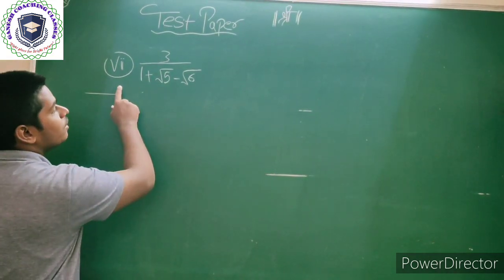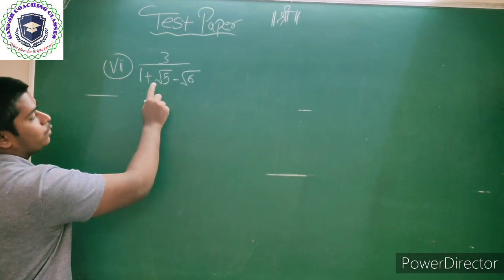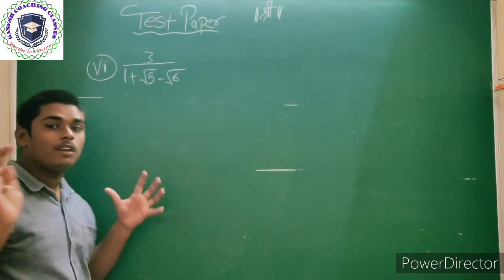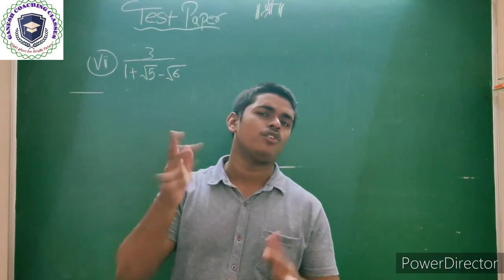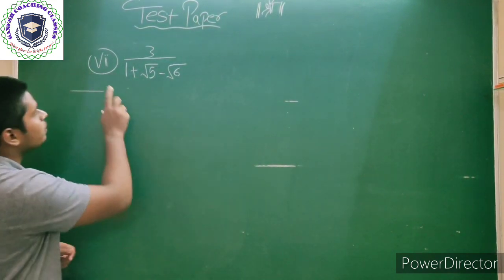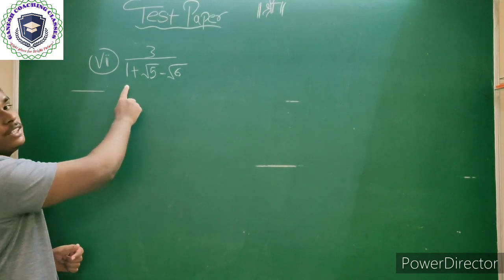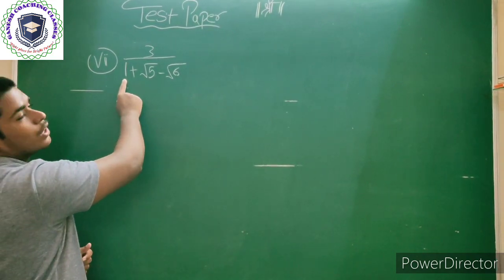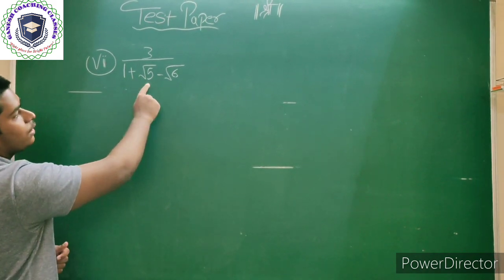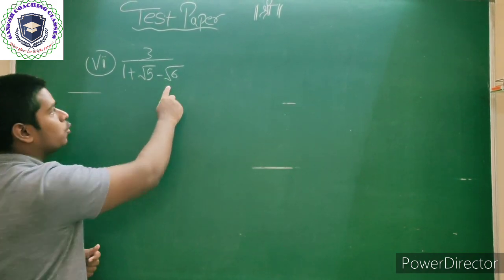In question 7 we have given 3 by 1 plus root 5 minus root 6. Till now, in the denominator we were getting two numbers or two surds, but in question number 7 here we are getting three numbers. The first contains only a coefficient here, the second is root 5, and the third one is root 6.